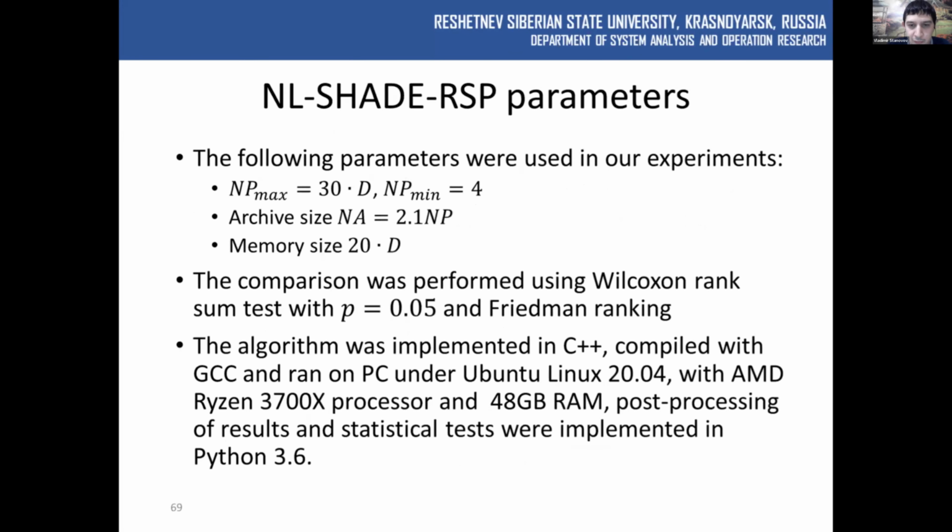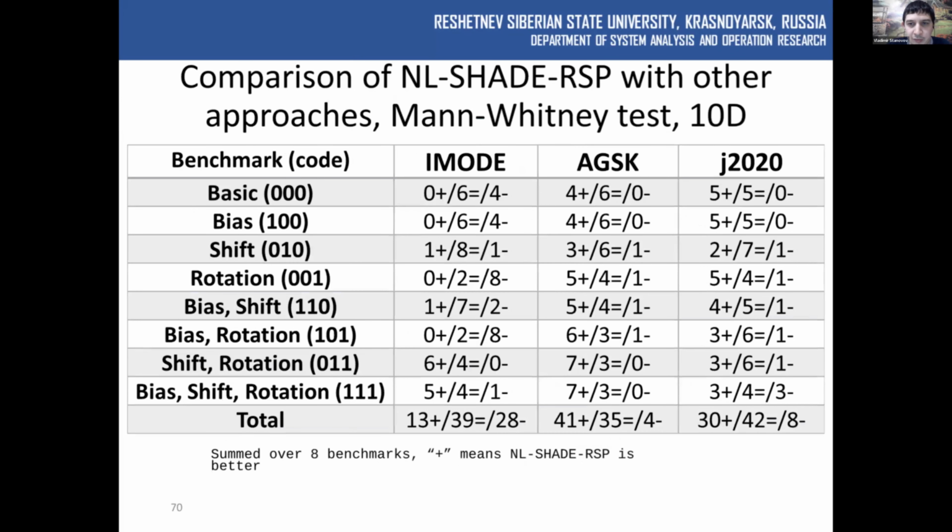So just a few results that I would like to show you for the NL-SHADE-RSP algorithm. Here you can see some of the best methods of CEC 2020, the IMODE and AGSK algorithms, as well as j2020, which is jDE with some tuning. And the pluses are where NL-SHADE-RSP was better, and minuses are where it was worse.